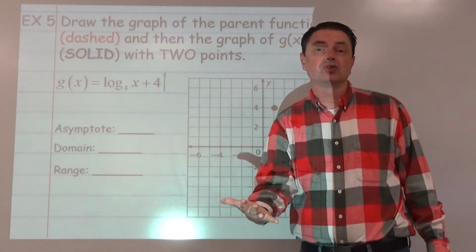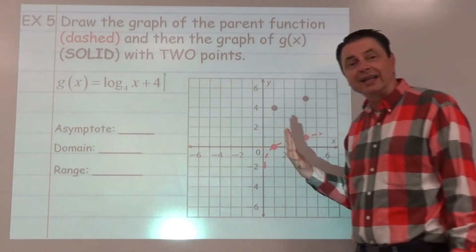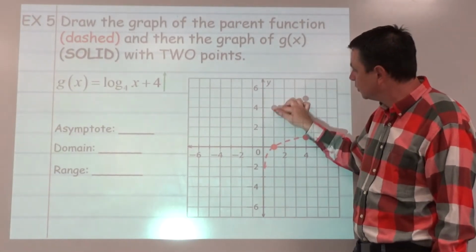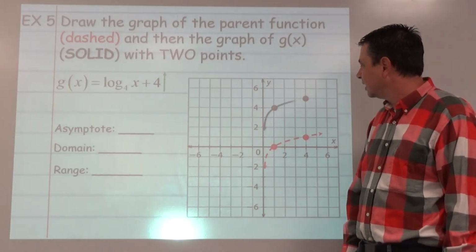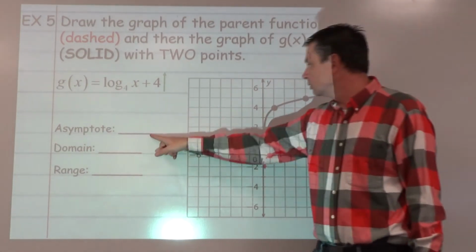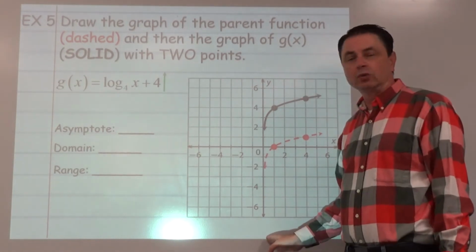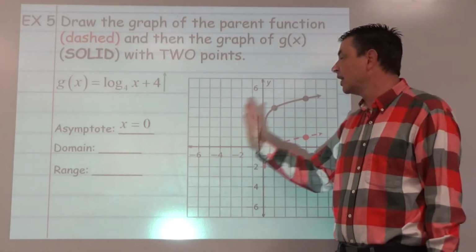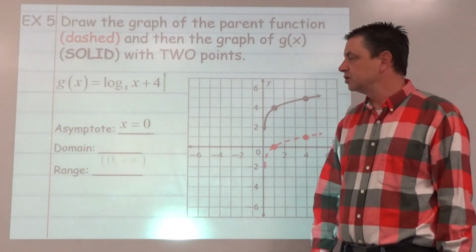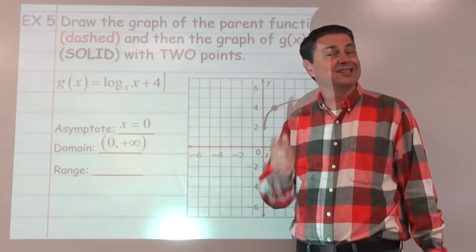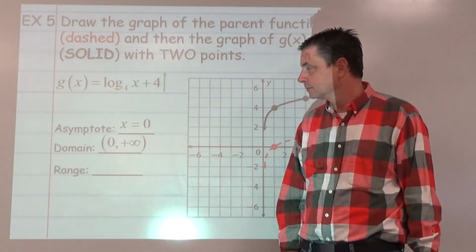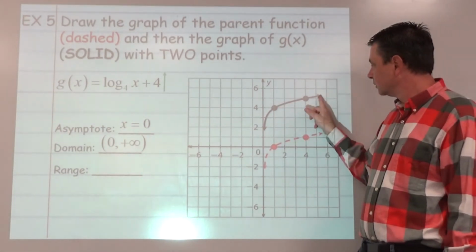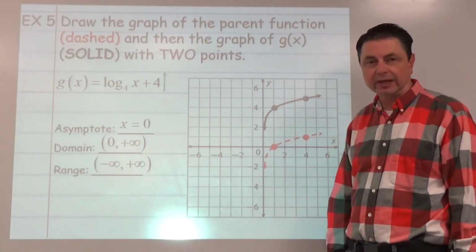We only need to redraw it if it moves left or right, because that would be a different asymptote. So we're fine here. We go through these 2 points, get close to our same asymptote. That asymptote is x equals 0. And that means the domain is everything to the right of that, from 0 to infinity, parentheses, because it doesn't touch 0 ever. And the range, down forever, up forever: negative infinity to positive infinity.